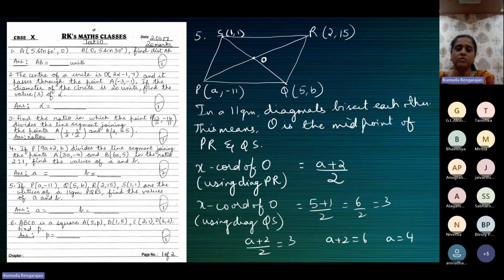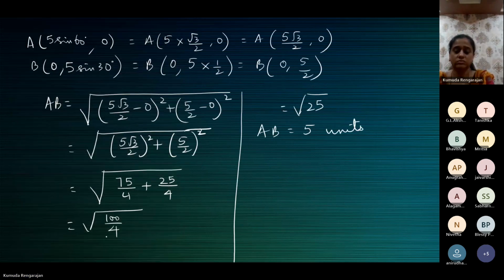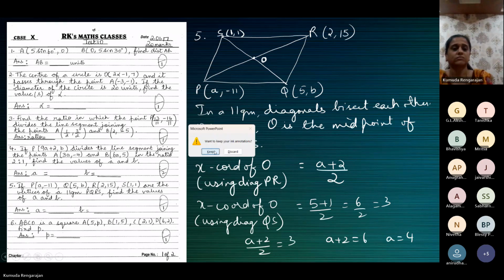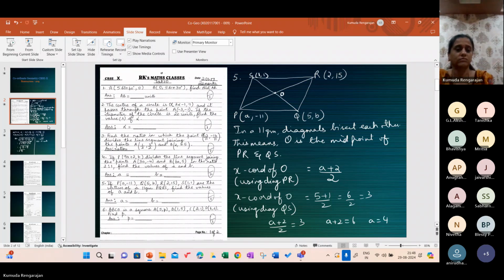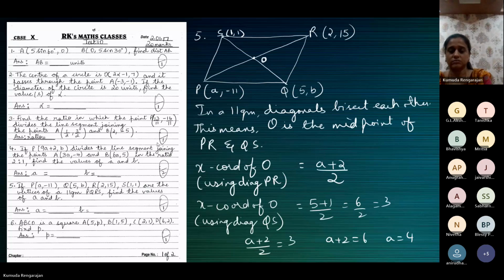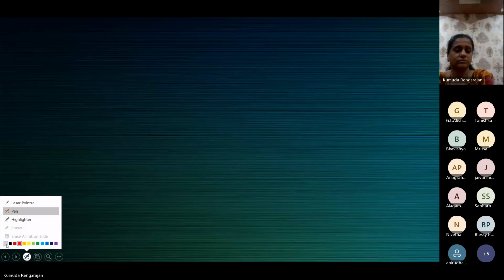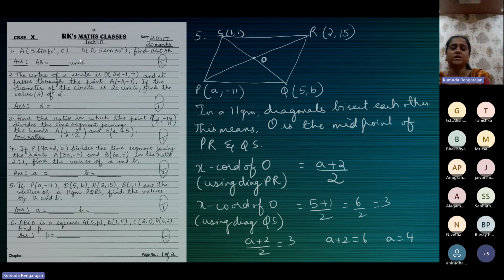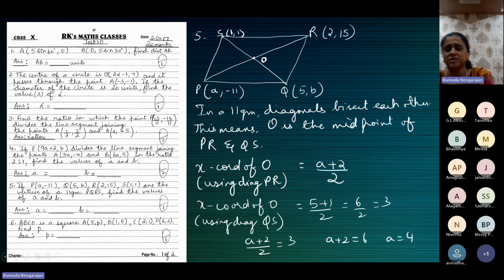Okay, now let's find the y coordinate of O. You can find it first using the diagonal QS or PR, whatever.